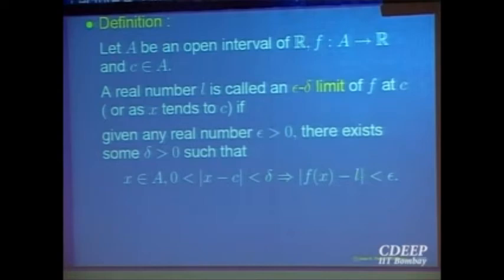So this should happen for every point x close to c by a distance delta. Given epsilon, how close you want L to be, if you are able to find a delta with this property, then this L is the limit of the function at that point. So this is another way of looking at the limit.